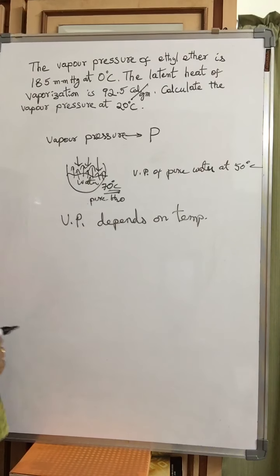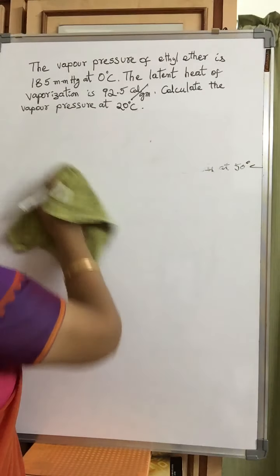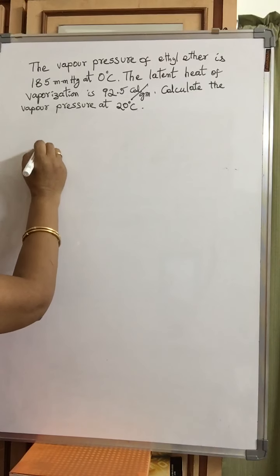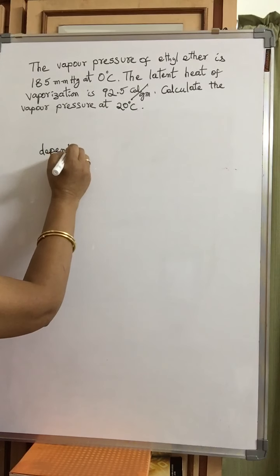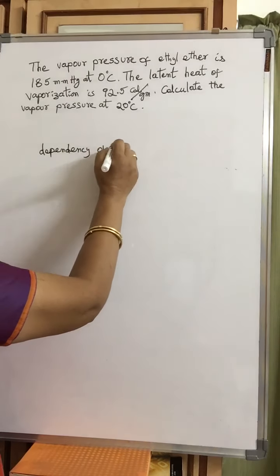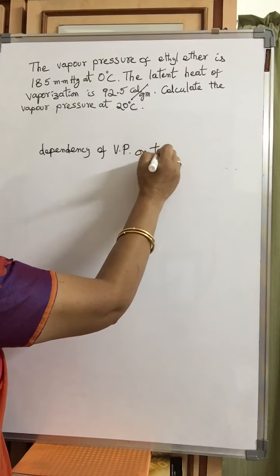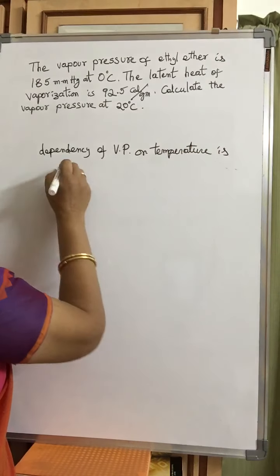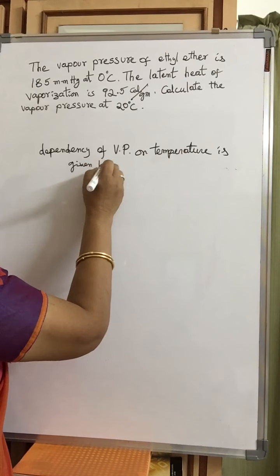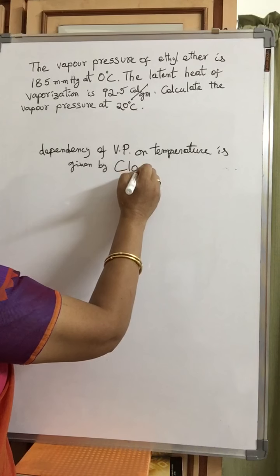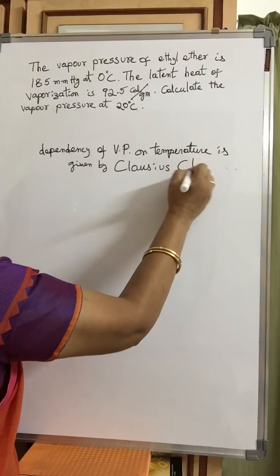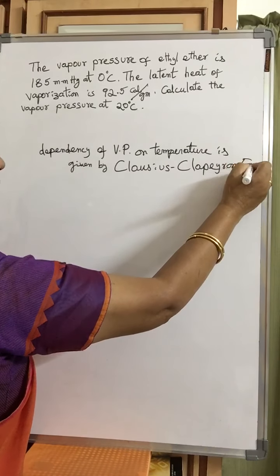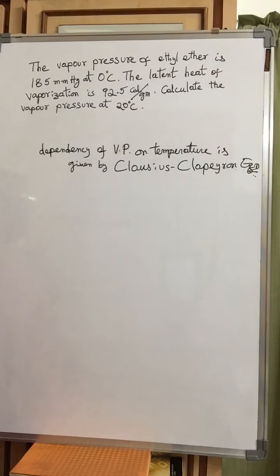This dependency of vapor pressure on temperature is given by the Clausius Clapeyron equation.